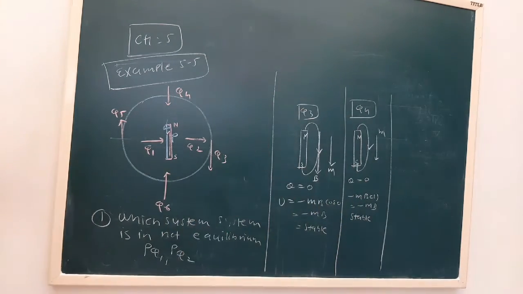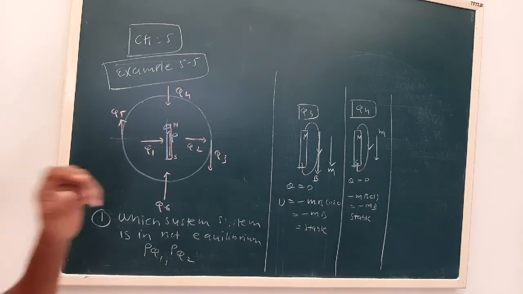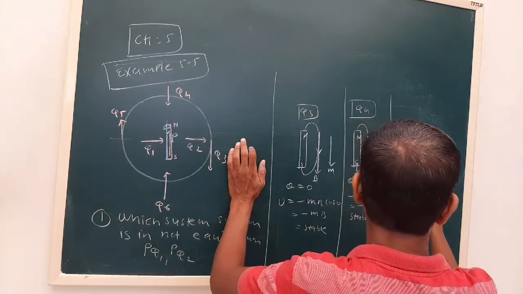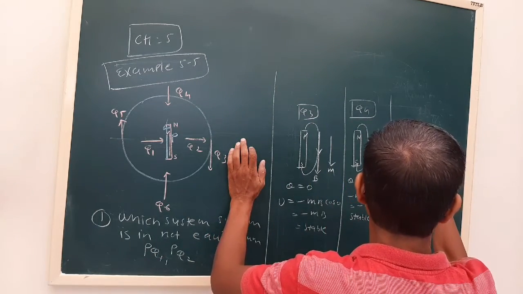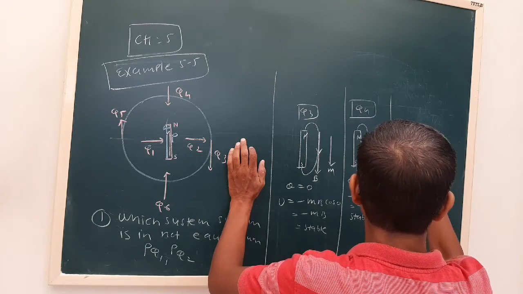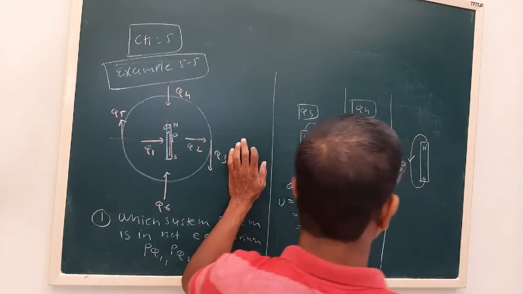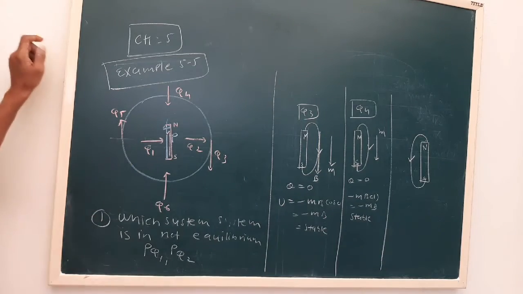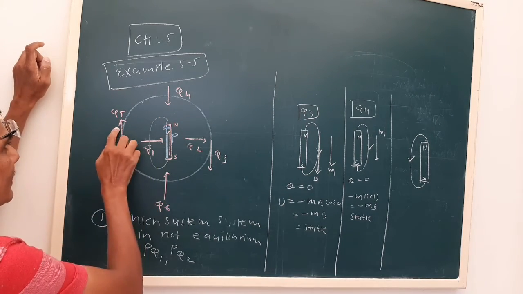Now let me calculate Q5 also. This is the magnetic field of a bar magnet for Q5.